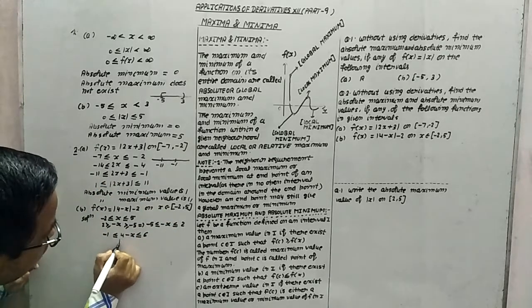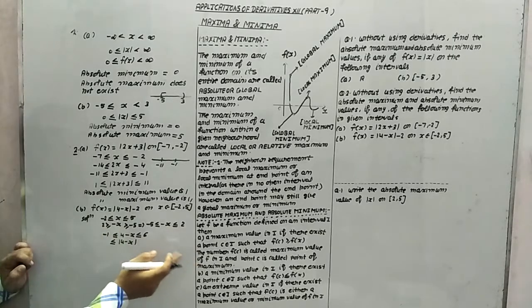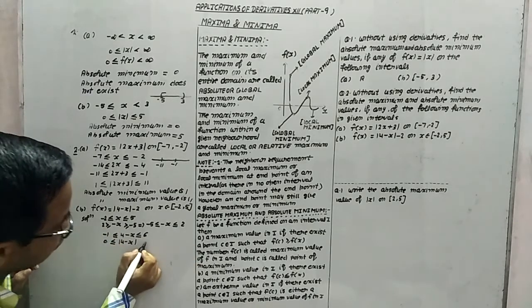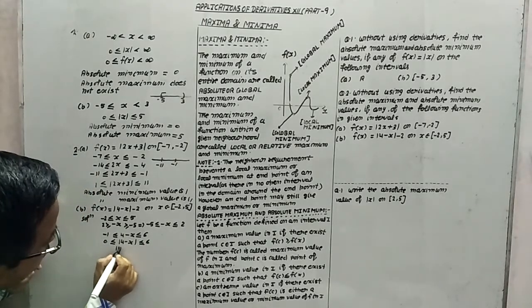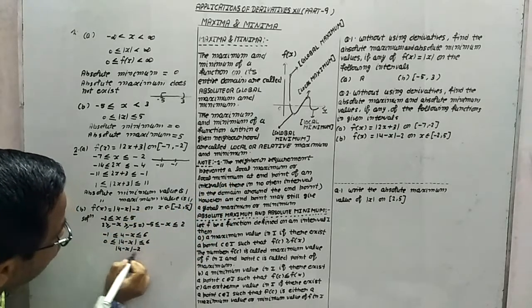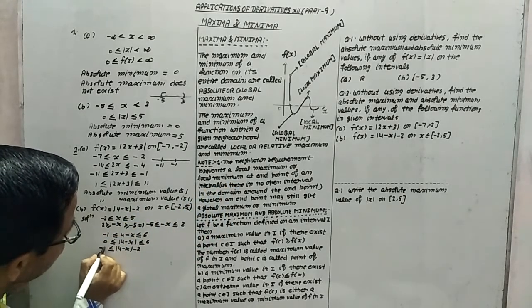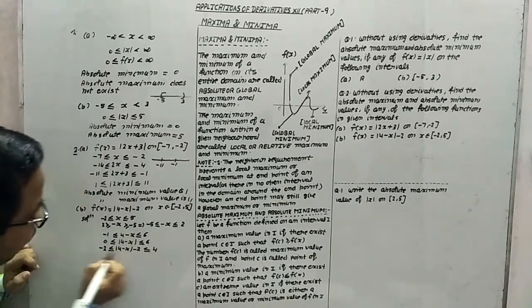Now first of all, modulus of 4 minus x, what this becomes? Minus 1 to 6. It means greater than and equal to 0 and less than and equal to 6. Now modulus of 4 minus x, we have minus 2, so subtract 2 both sides. 0 minus 2 and 6 minus 2, but this becomes 4.